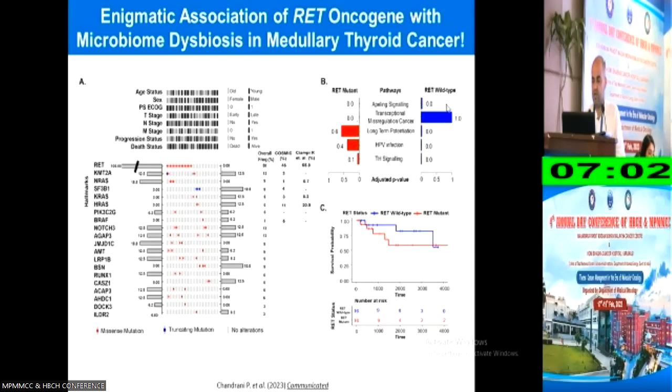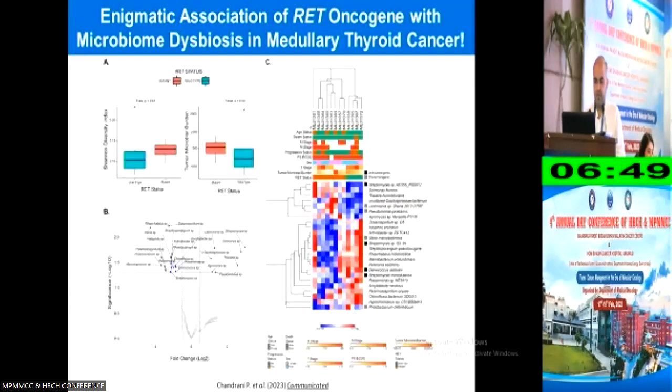And RET wild-type patients have the majority of the mutation accumulation in transcriptional dysregulation. They are also well known to be associated with poor survival.